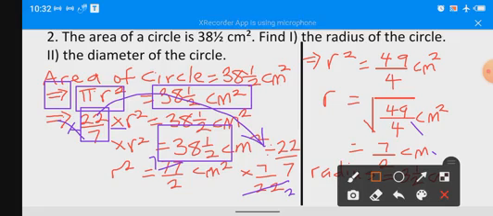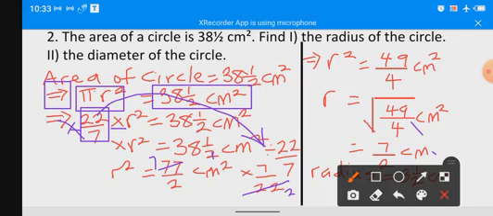How do we do that? You say 2 times 38 plus 1.